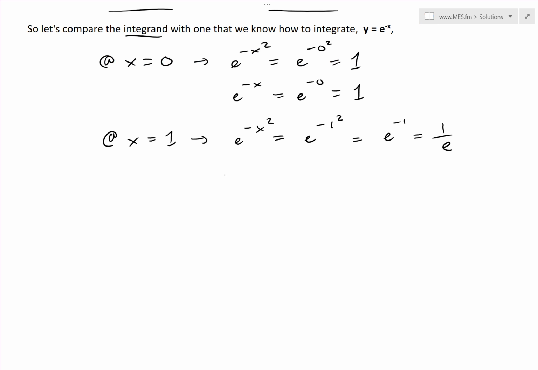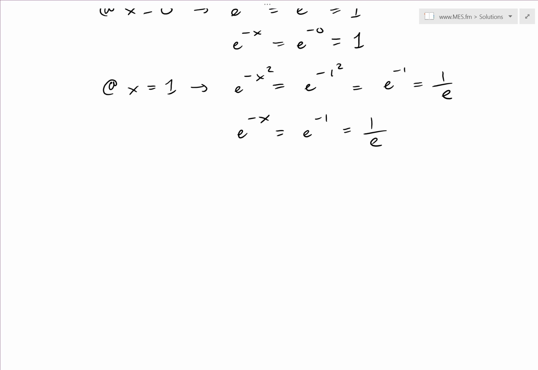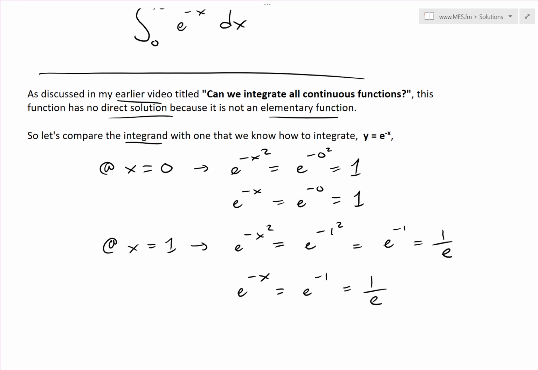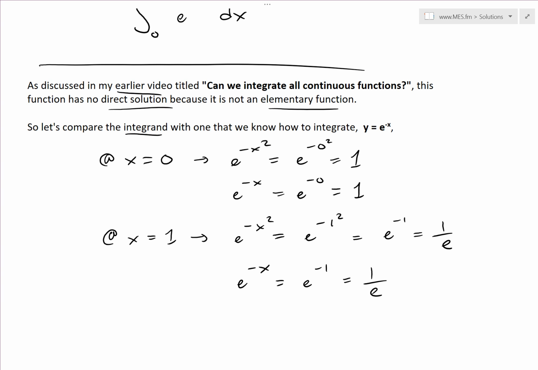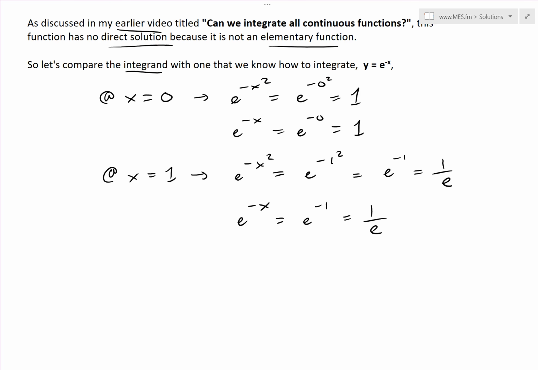Similarly for e to the negative x, this is just e to the negative 1, which equals 1 over e. So at these two points, both of these values are the same. And as you plug in a really large number, you're dividing by a big number, so both of these functions go to 0.